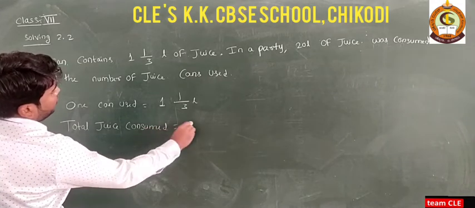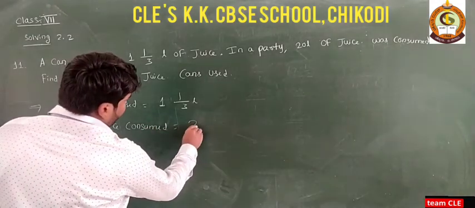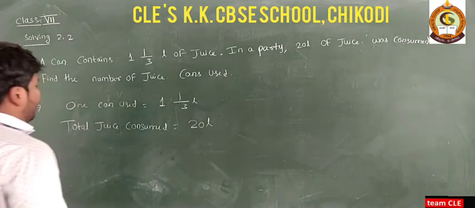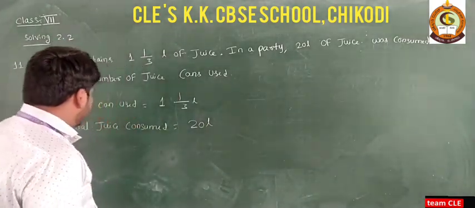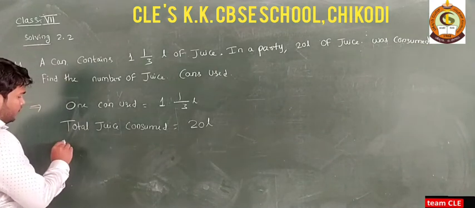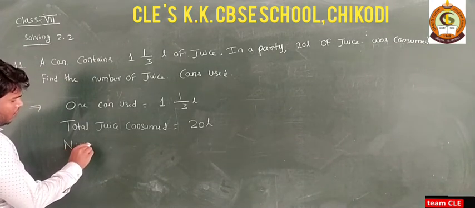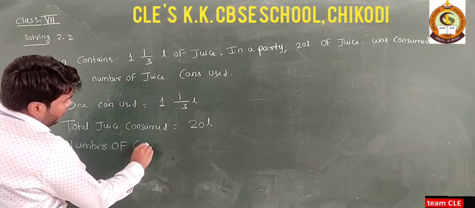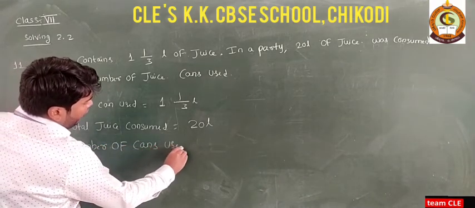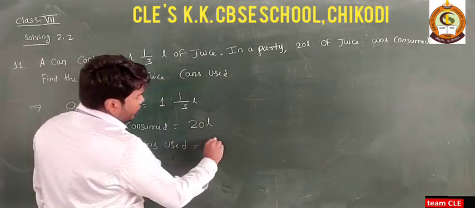Total juice consumed is how much? It is 20 liter. So one can use is 1 integer 1 by 3 liter, and total juice consumed is 20 liter. So the number of cans used they are asking. What is the number of cans used they are asking means this is 20 liter.